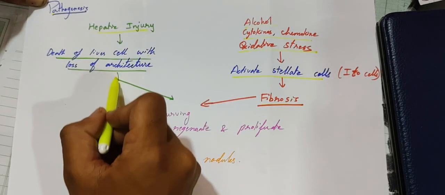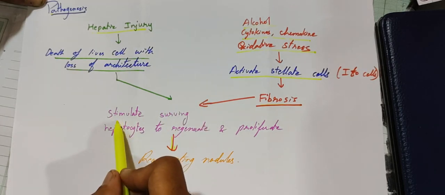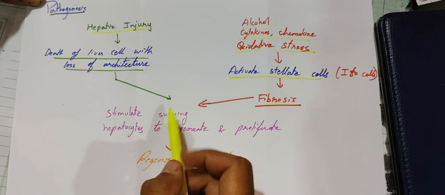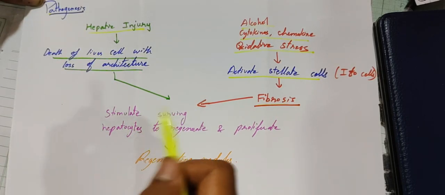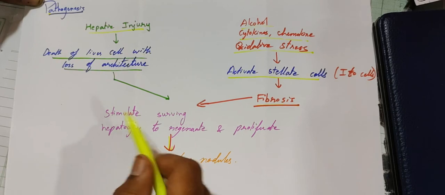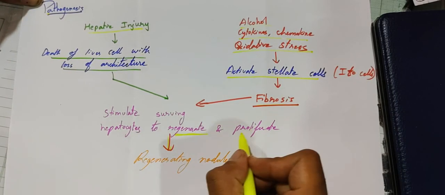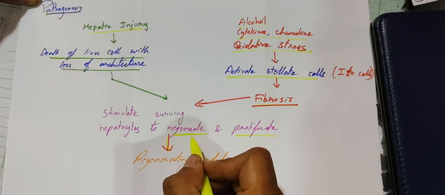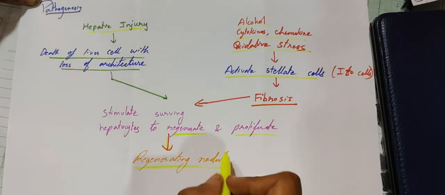This leads to both this one and this, they will stimulate the, okay, whenever the liver cells are damaged, there are still some surviving hepatocytes present. These surviving hepatocytes will start regenerating and proliferating. Because of this, there is formation of regenerating nodules.